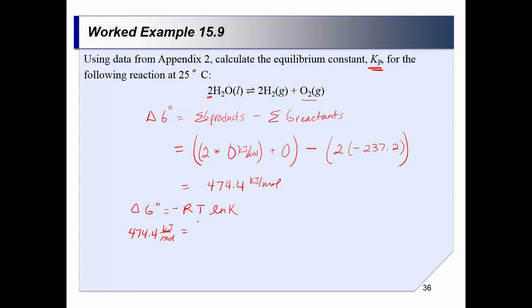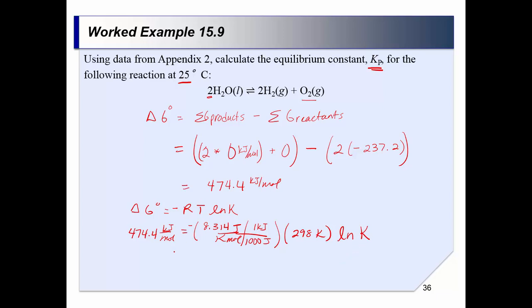You need the gas constant R, but in this case we need a negative 8.314 joules per K mole. You're going to need to convert that into kilojoules so that our units match. Multiply it by the temperature. The temperature is given to us at 25 degrees Celsius. That is 298 K. And then I have the ln of K.